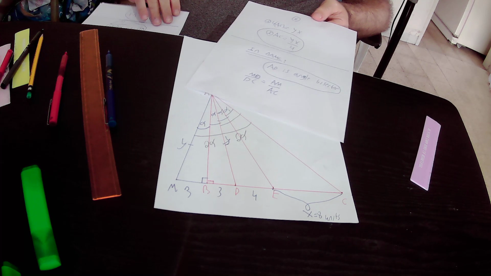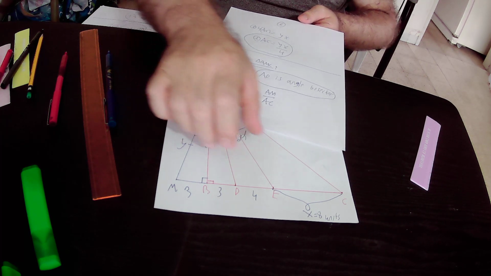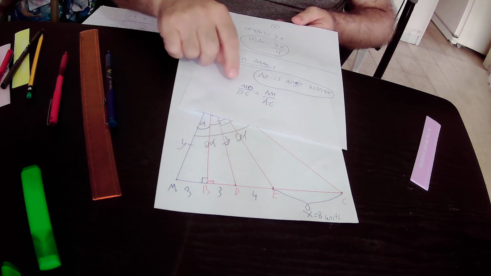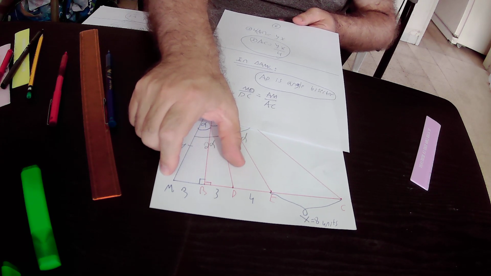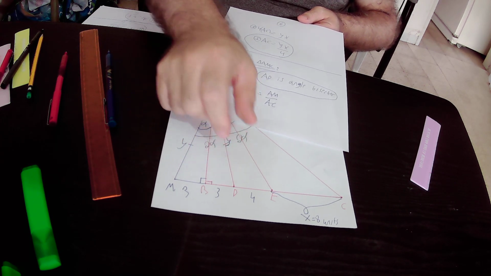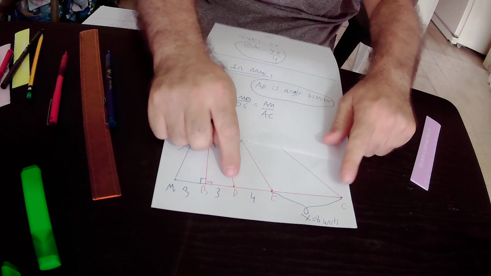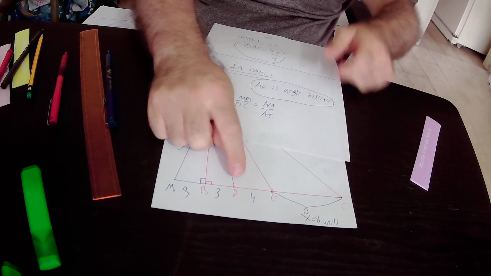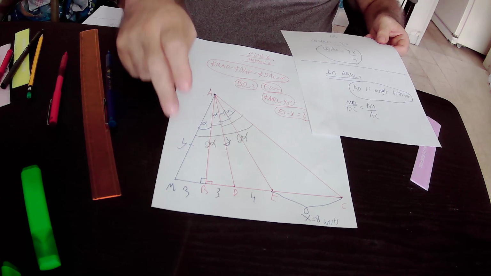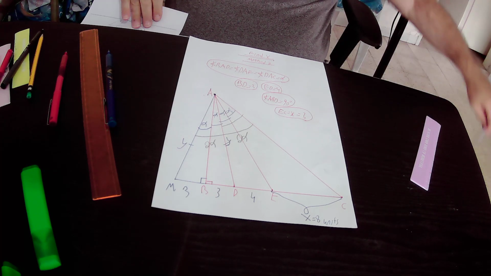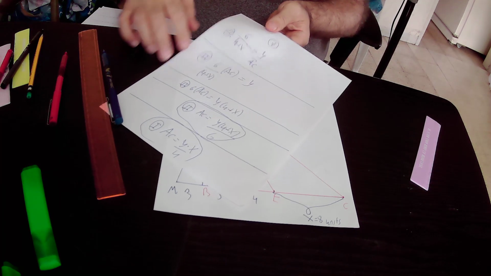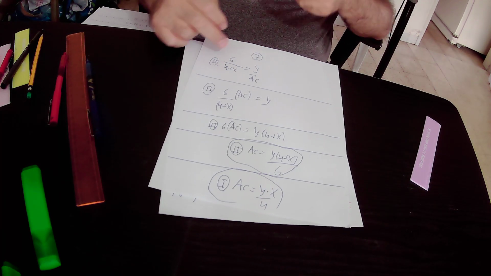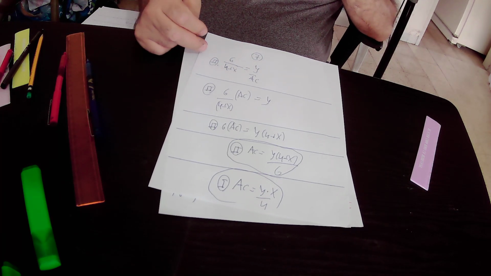We know that MD equals 3 plus 3, which is 6, and DC is 4 plus X, and AM is Y. So in total we got in equation number 2 that 6 over 4 plus X equals Y over AC.